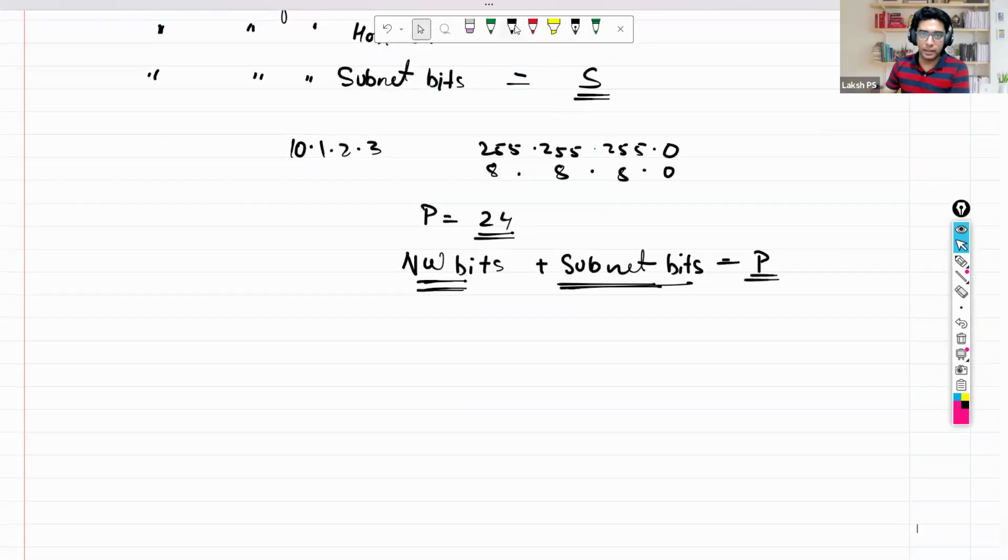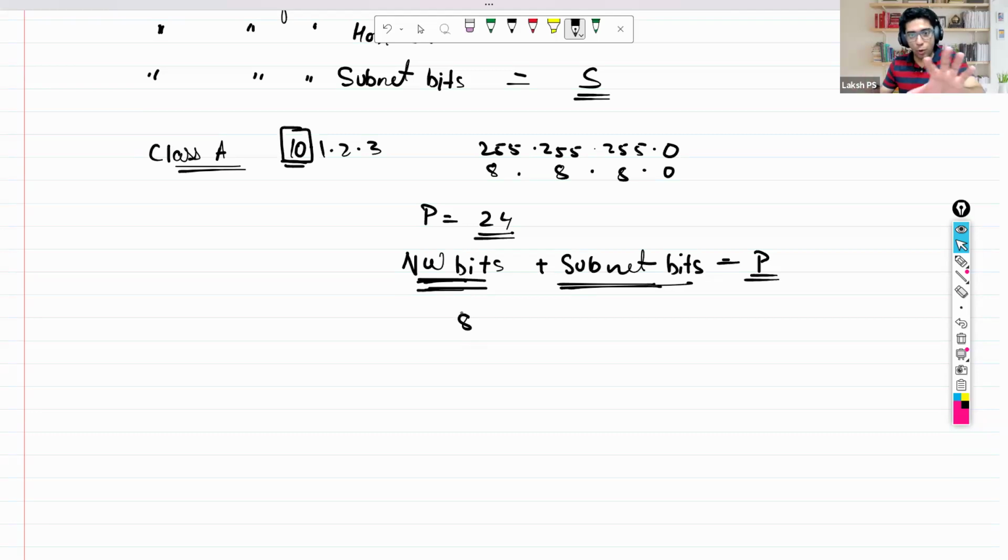This network bit is your actual network bit based on the IP address. This address belongs to class A, right? And how many network bits are there in a class A IP address? 8, correct? 8 network bits and 24 host bits is the default address mask.